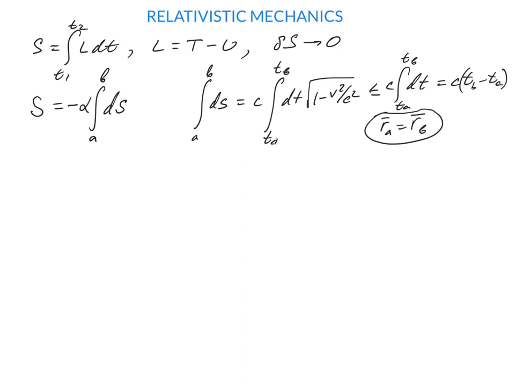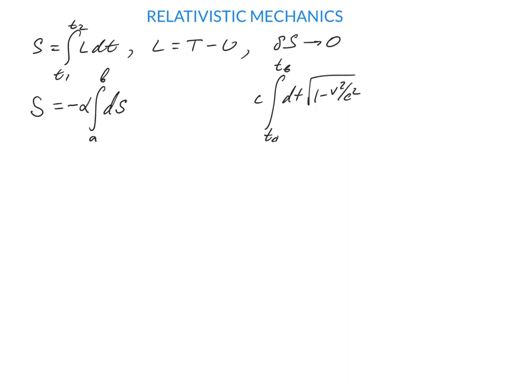So that means that this integral is maximized for a particle that is moving along a straight line in four-dimensional spacetime. Because this integral reaches a maximum and we need the least action principle, we need to put a minus sign here so that the extremum is a minimum and not a maximum.